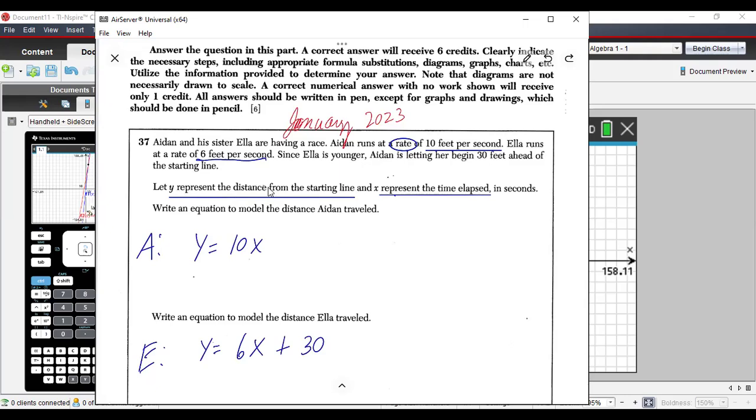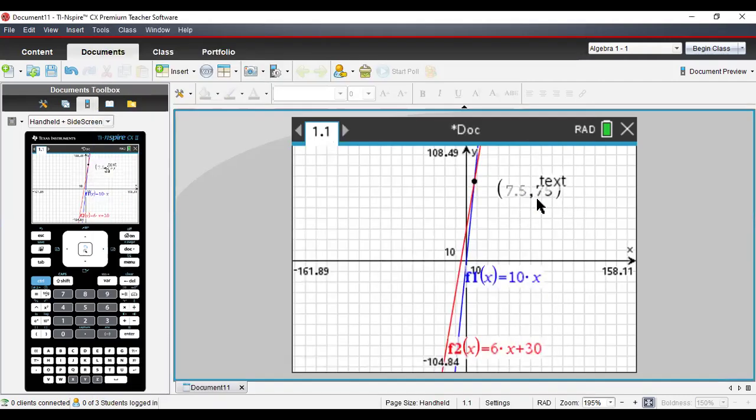And then what does Y stand for? It stands for the distance from the starting line. So what we want to know is how much time did it take before those two were at the same distance? And what we would say is it took him 7.5 seconds to catch his sister. And they were 75 feet from the starting line.